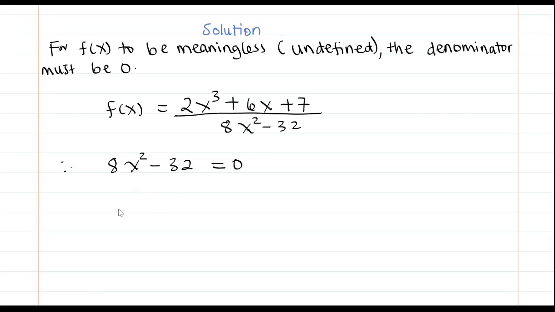Therefore, if I take 32 to the other side, I will have 8x squared equals positive 32. Then I divide both sides by 8, and I will have x squared equal to 4.